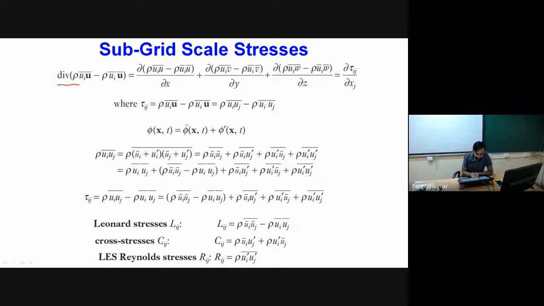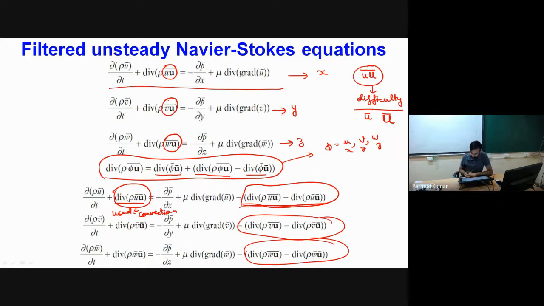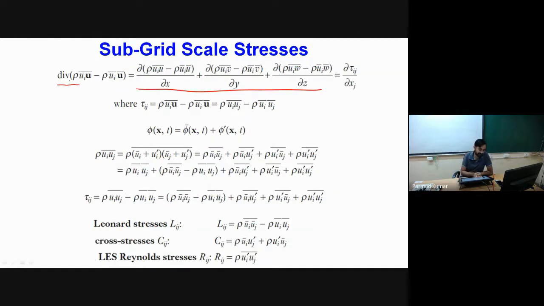So this will become del by del x of rho ui uj minus rho ui bar uj bar. This is nothing but the expansion of this entire term, because from the previous slide this also had divergence, so we have taken divergence common and after that we have written this particular form over here.